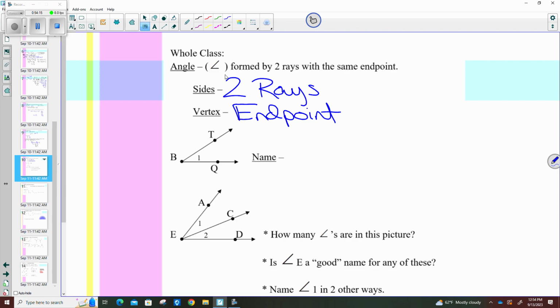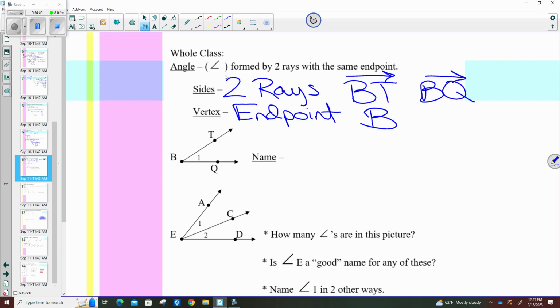B. What does it go past? T. There's a side. Ray BT. Give me another side. BQ. There it is. What's the endpoint? What's the vertex of this angle? B. Perfect.